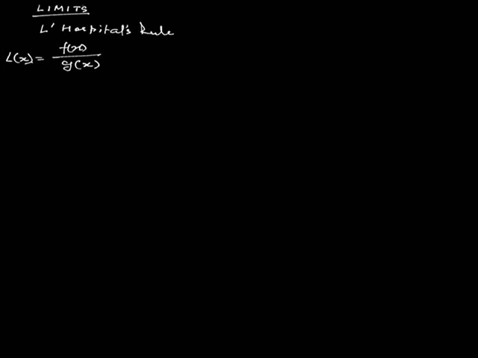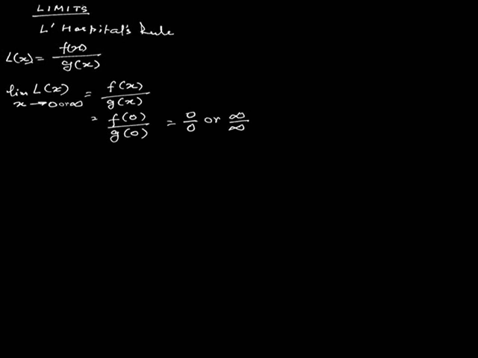Suppose we have a function of the form L(x) = f(x) divided by g(x). Now if we apply the limit x tends to 0 or infinity to the function, and it leads to the result 0 divided by 0 or infinity divided by infinity, then the function L(x) = f(x)/g(x) can be solved by application of L'Hospital's rule.